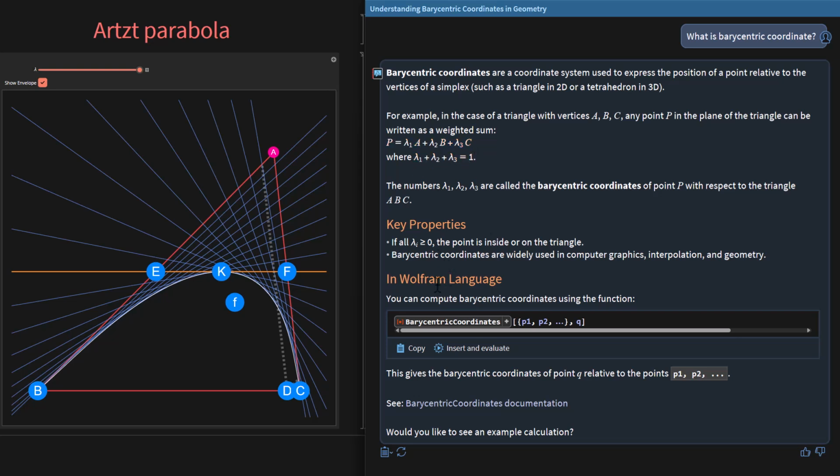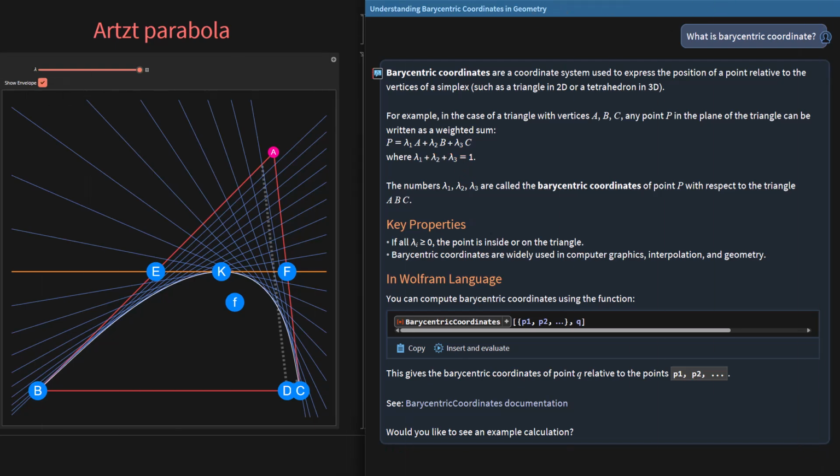And there is a built-in function in the Wolfram Function Repository: if you specify the 3 coordinates of A, B, C respectively, and one coordinate, for example K inside this diagram, you can convert the point K to lambda 1, lambda 2, lambda 3. And if you have lambda 1, lambda 2, lambda 3, you can convert it back using these formulas. So this is basically the idea of barycentric coordinates.